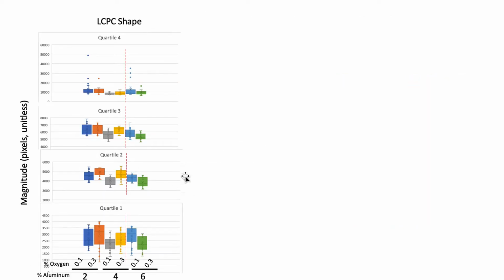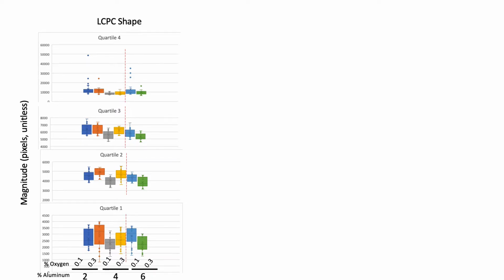What we found is that there's a threshold effect as you increase the percentage of aluminum between 4 and 6%. At 4%, if you increase oxygen, you have an increase in the magnitude of the particle sizes, but at 6% aluminum, increasing oxygen causes a decrease in the magnitude of particle sizes.